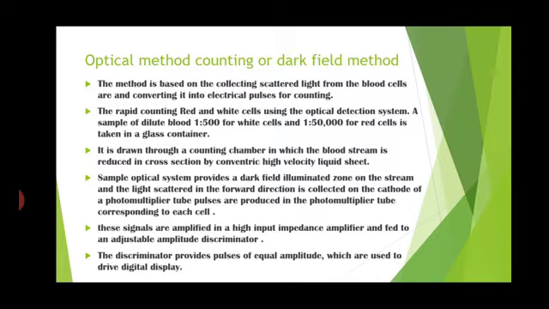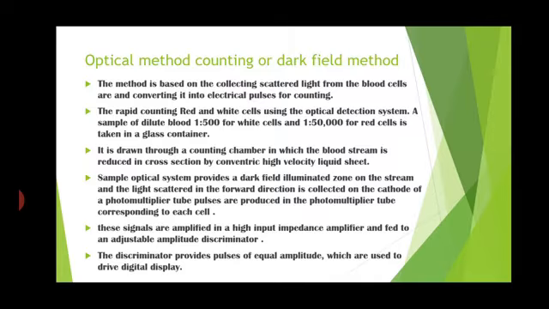So you have to take the dilution according to which cells you have to measure or count. It is drawn through a counting chamber in which the blood stream is reduced in cross section by a concentric high velocity liquid sheath.